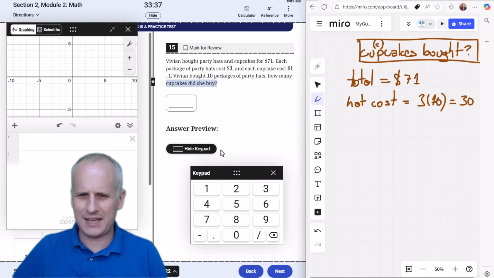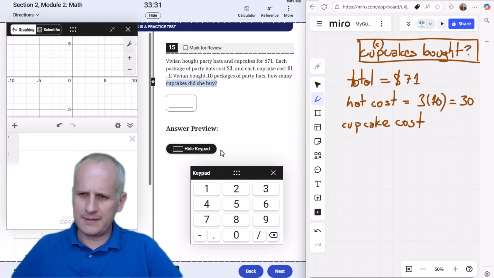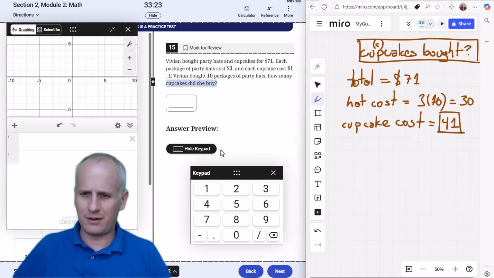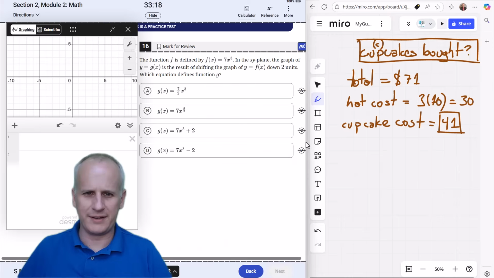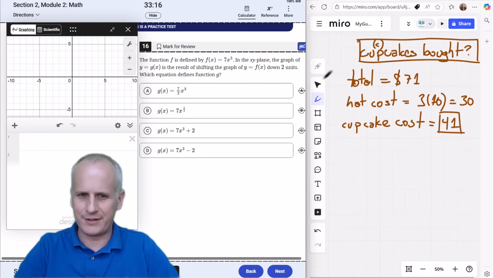So that means that our cupcake cost is going to be equal to just that 71 minus 30, and that's going to be 41. And we know each cupcake costs $1, so our number of cupcakes bought had to be 41, and we could just move on to the next question after using the number pad to insert it.